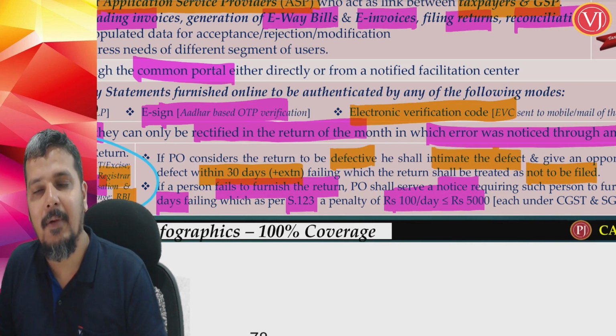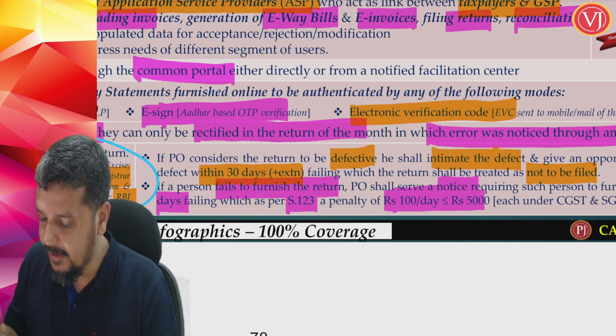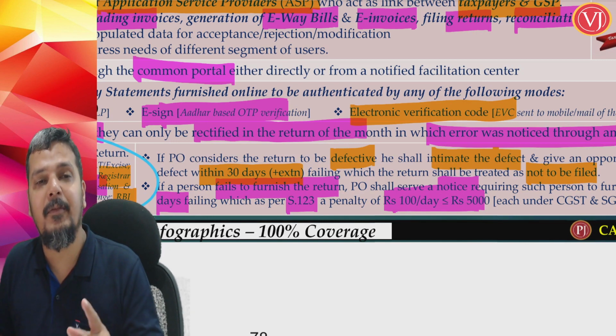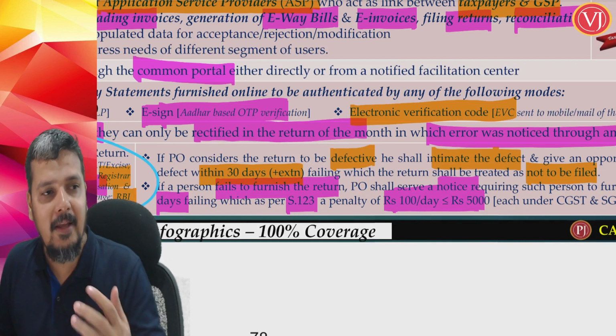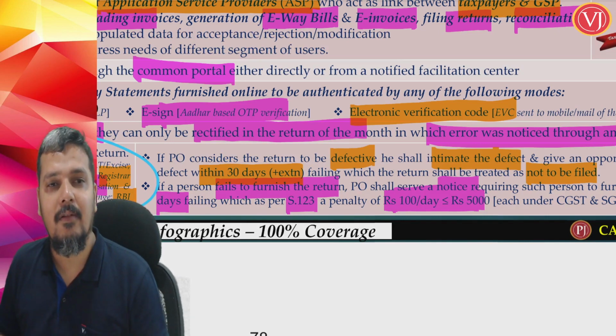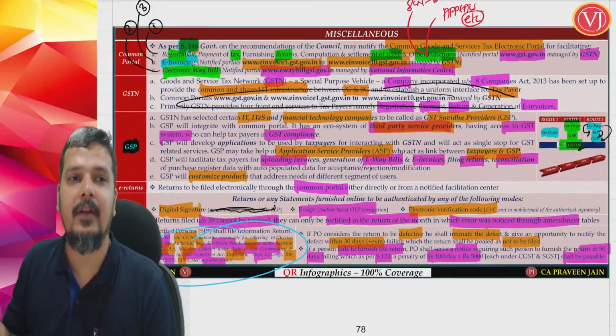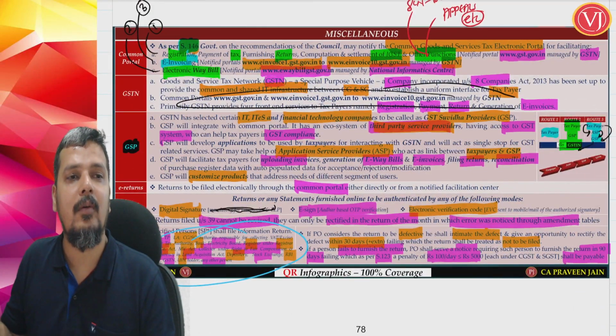You file the same, otherwise there will be a penalty of rupees 100 per day subject to a maximum of 5,000. Each of them, which means CGST will be 100 per day or 5,000, whichever is lower. SGST will be 100 per day or 5,000, whichever is lower. That shall be payable. So this is all about the basics of return filing related to your portal.